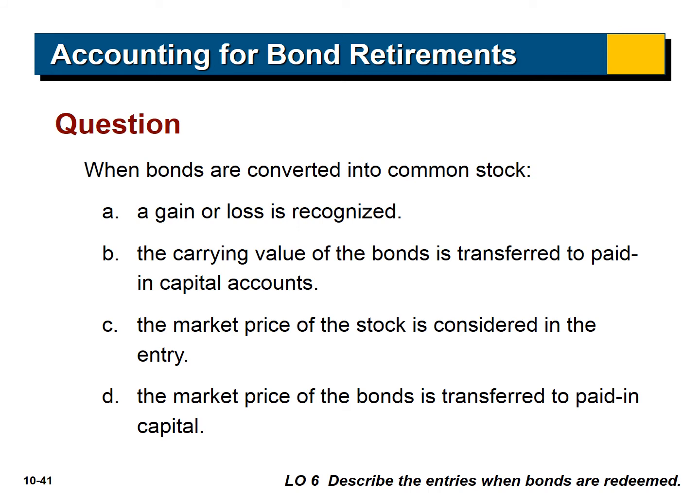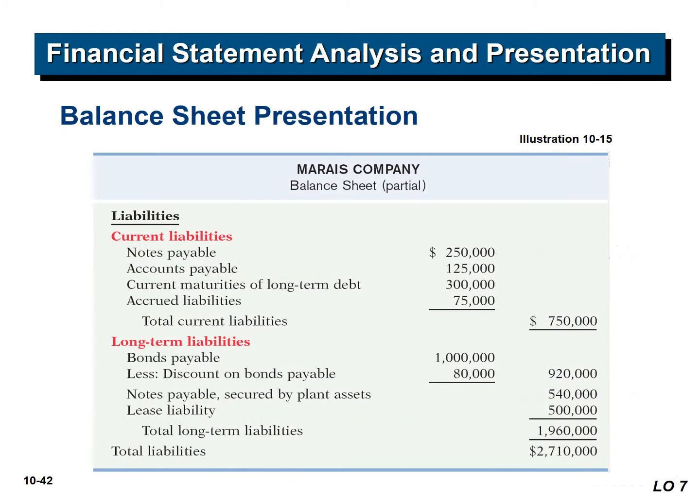When bonds are converted into common stock, the carrying value of the bonds is transferred to the paid-in capital. In other words, whatever is on the books for the bonds is moved into the paid-in capital accounts or the stock accounts. And you can get an overview of what it looks like on the balance sheet for our liabilities.